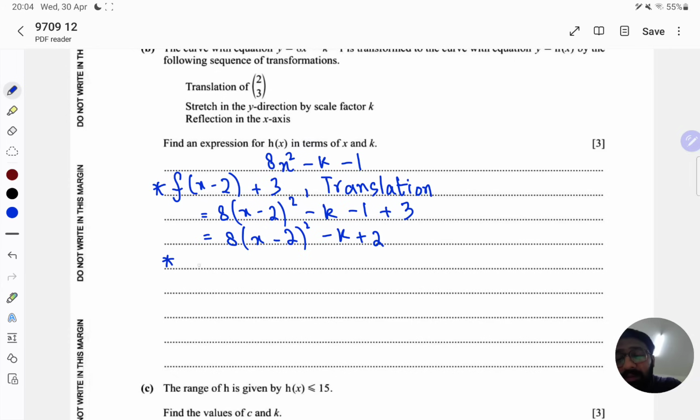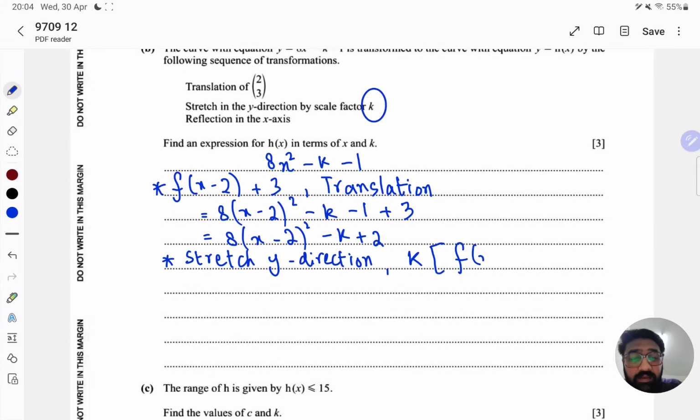The second step is the stretch in the y direction, and the scale factor has to be k. So it will be k f(x − 2) + 3.